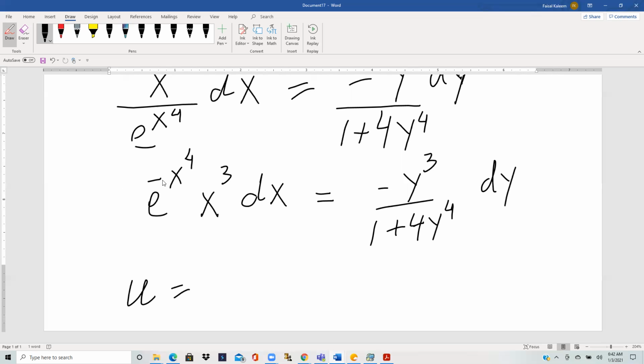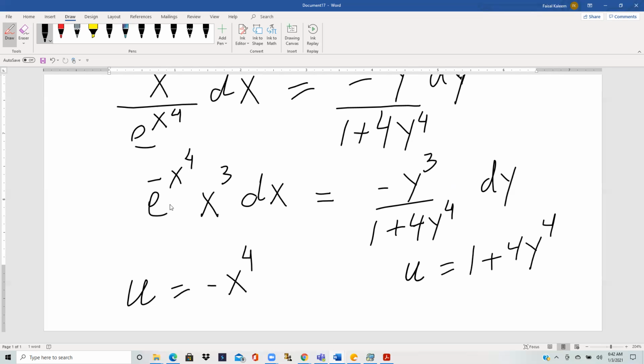If you do u equals negative x power 4, then after you take the du, this x cube will go away and it will just be e power u. And similarly here, your u substitution will be 1 plus 4y^4. And when you take the du, this y cube is going to cancel out and it's just going to be some constant times 1 over u, and that's ln u.